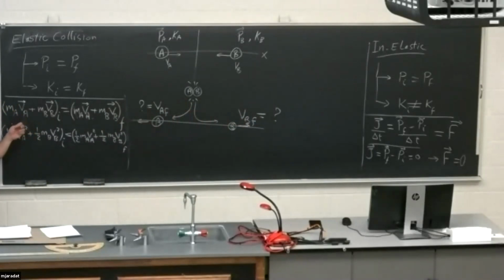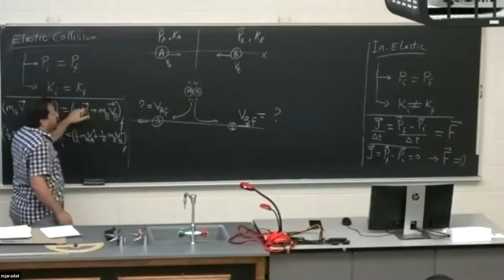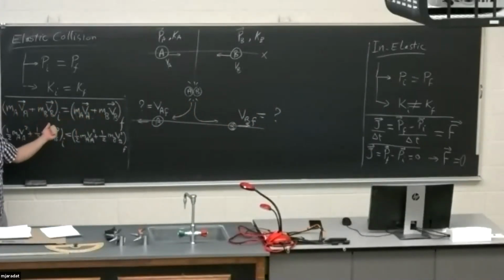But if you focus on this, VA here as a vector, it has components in X and in Y. So we have two equations here. So we will have 6 equations. And I need you to find the velocities for A and B in X and Y. It's more difficult.